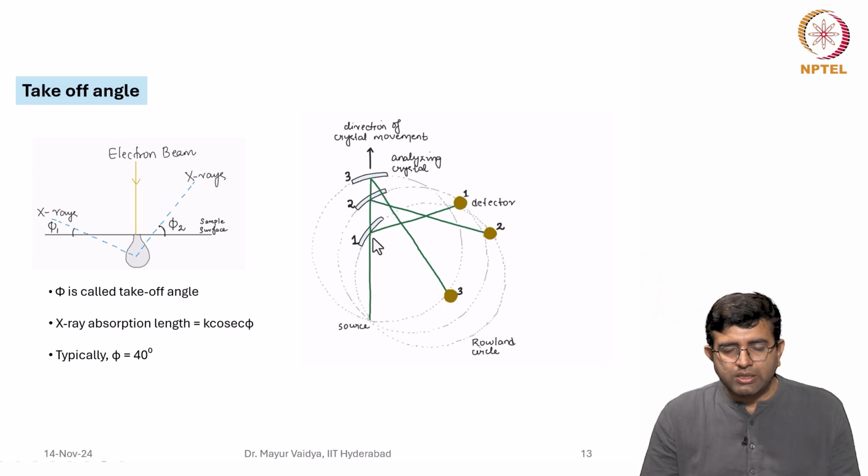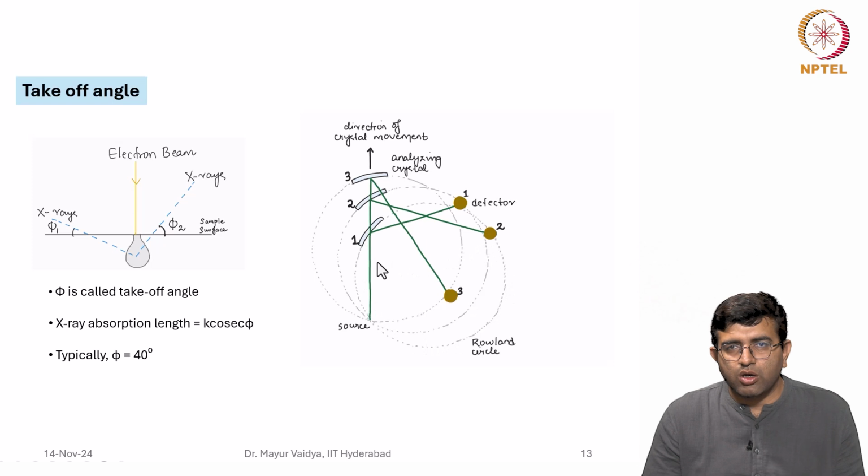The way this is adjusted is such that the X-ray takeoff angle does not change. So this is the direction of the crystal movement, and the detector also moves, so that they always are on the same Rowland circle.